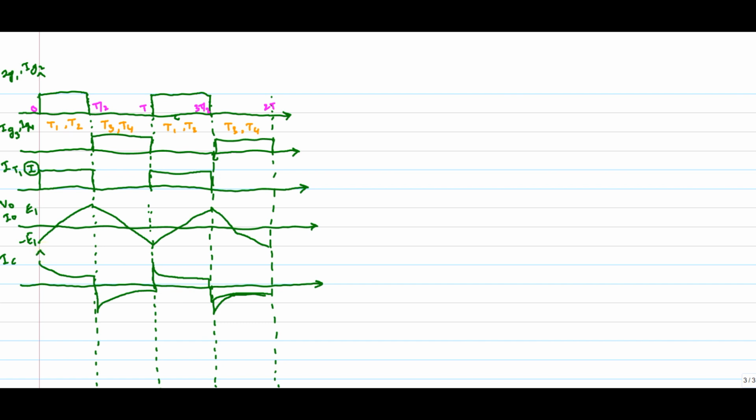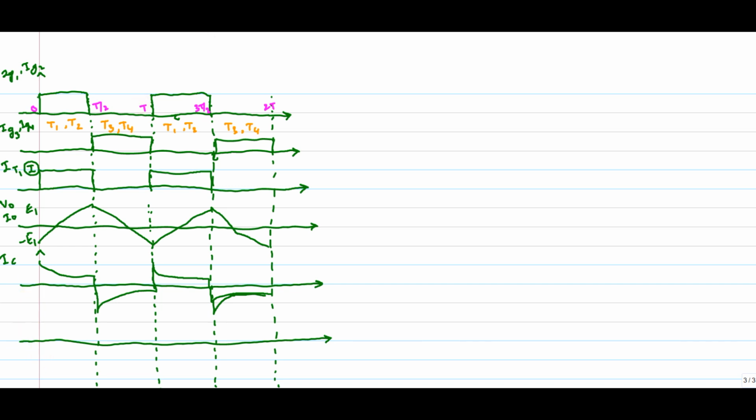Now what happened to EDC, the source voltage? As the source current is constant here, I can't say that the source voltage is constant. So the source voltage will be like this. It is increasing and after that it is decreasing.